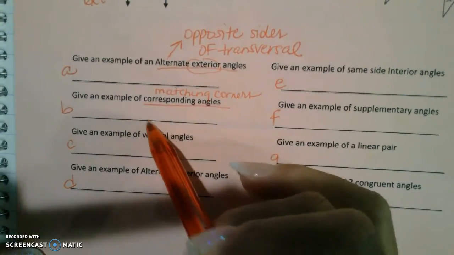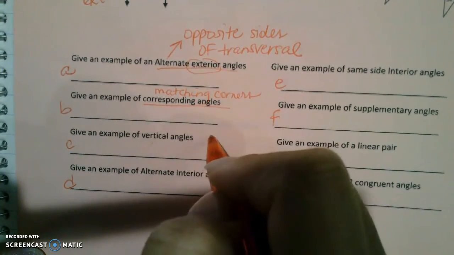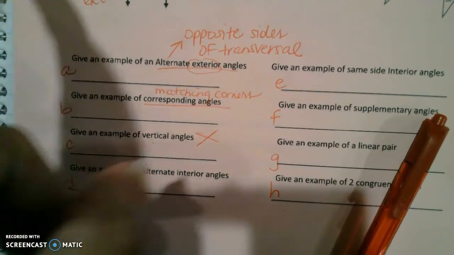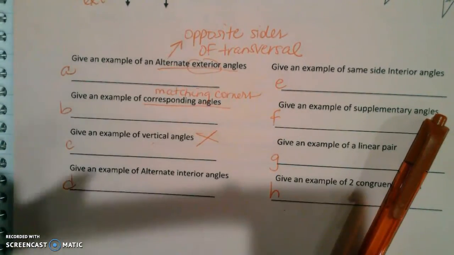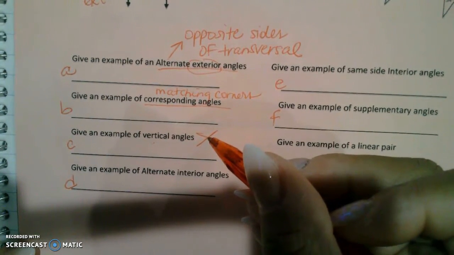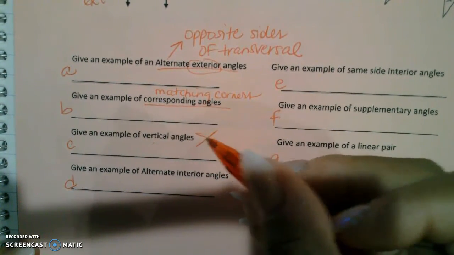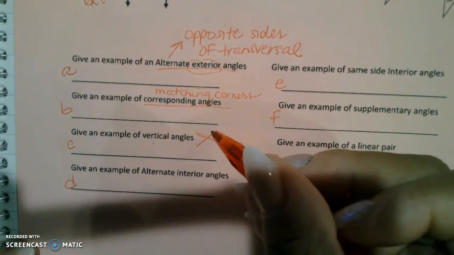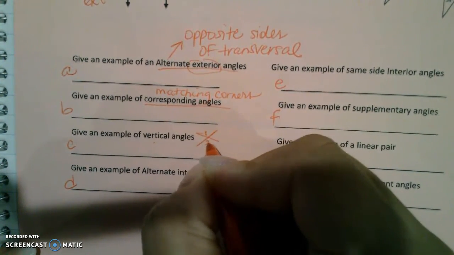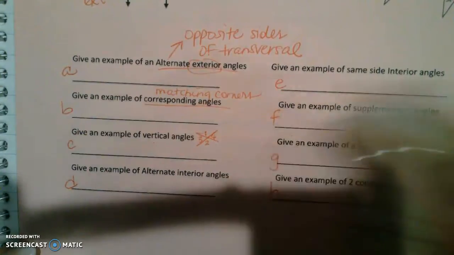All right, give an example of vertical angles. So those are the kissing V's. That's what I like to call it. It's when you have two angles across from each other that are equivalent. So like 1 is equivalent to 2 and 3 is equivalent to 4.